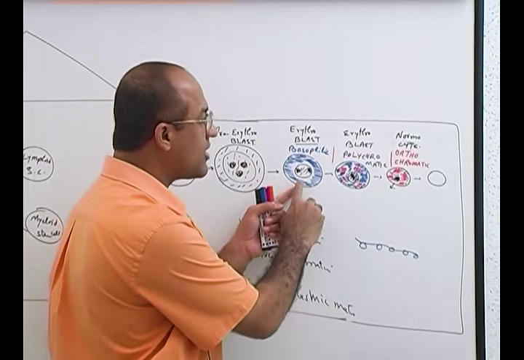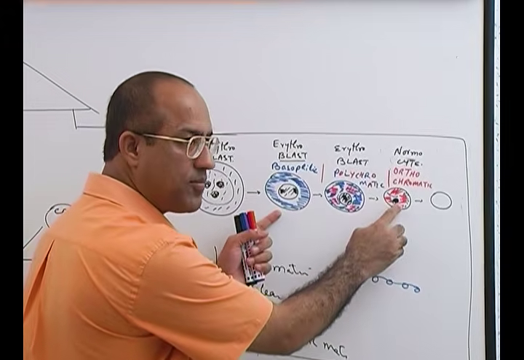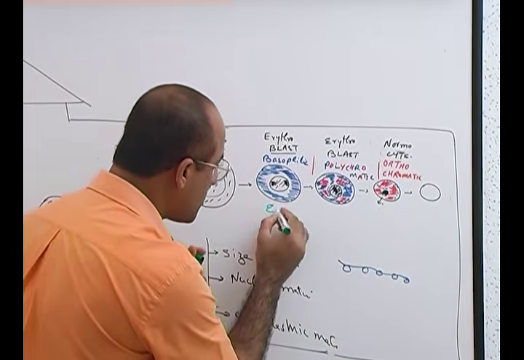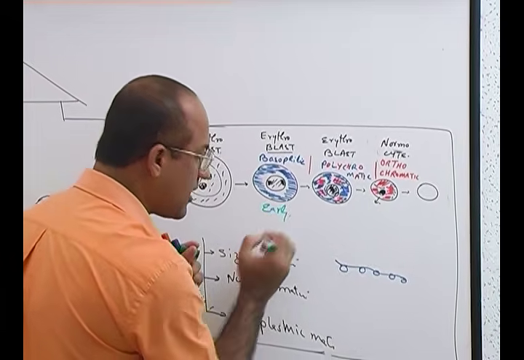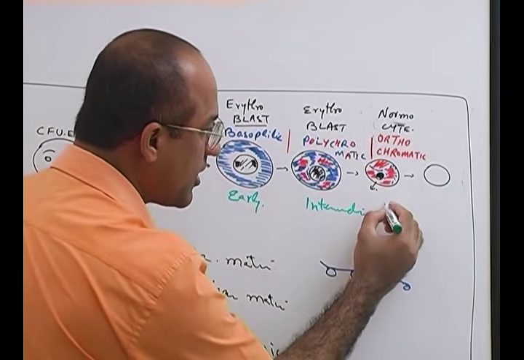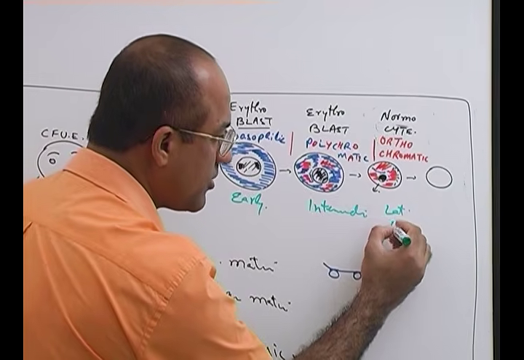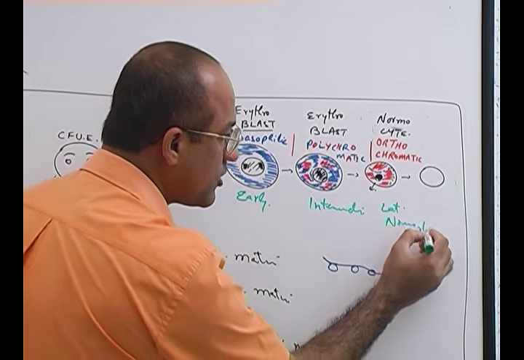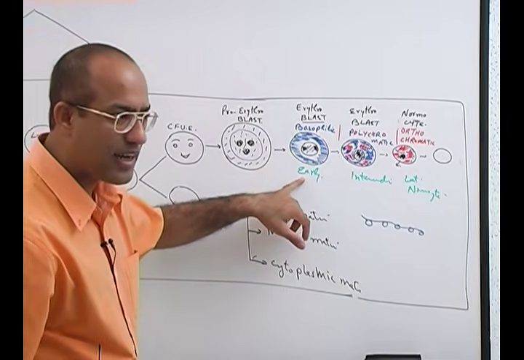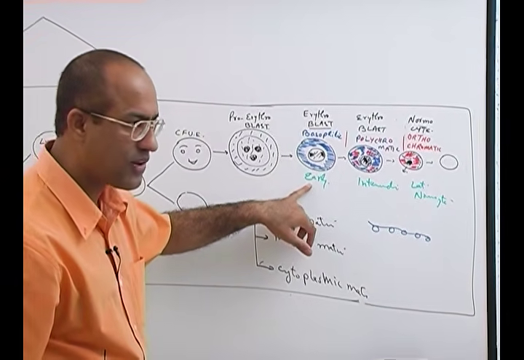One way is to call all these cells normoblast: early normoblast, intermediate normoblast, and late normoblast, or normocyte. Early means basophilic.